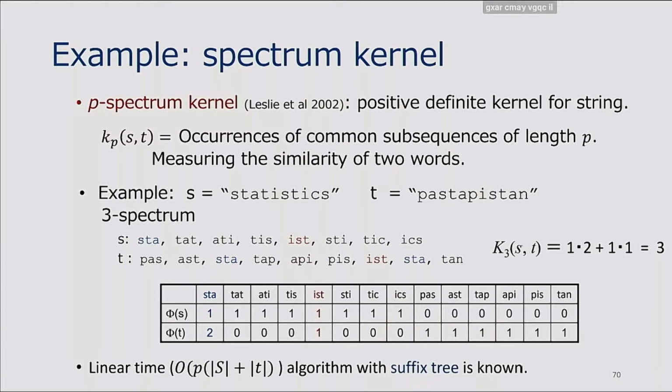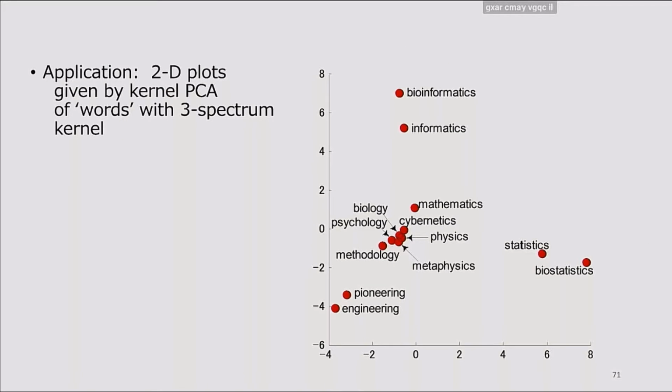But in some cases, people developed methods linear in the sample size. And we can, for example, consider PCA for words. But nowadays, words can be expressed in a vector space, so this is not very surprising at all. This is just a historical topic, maybe.